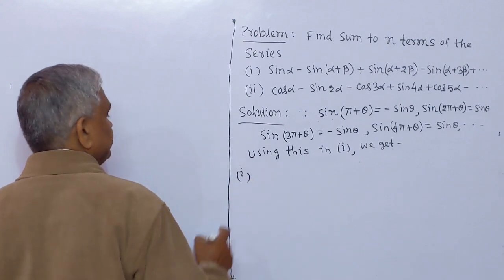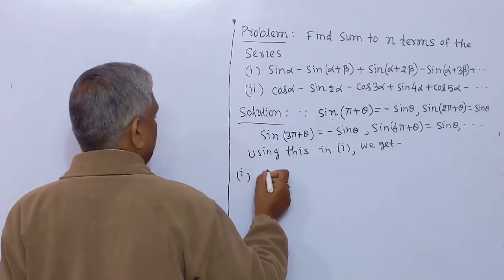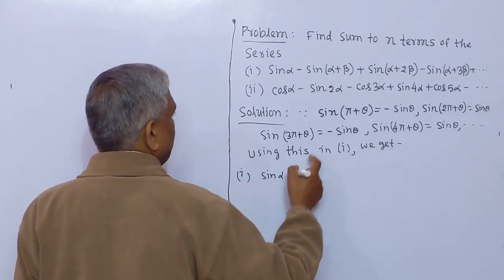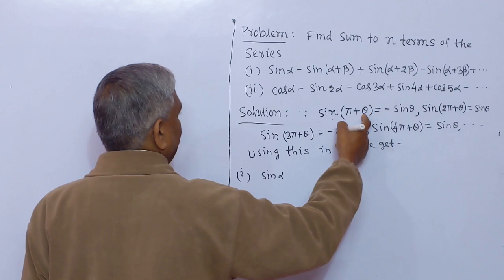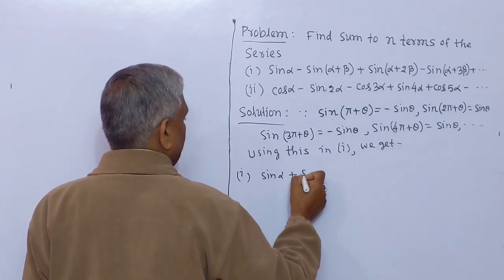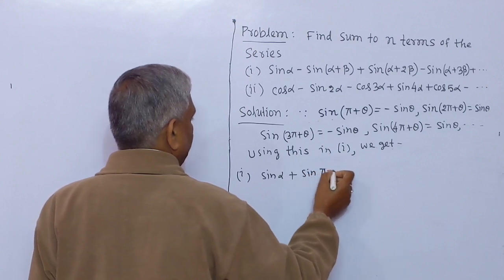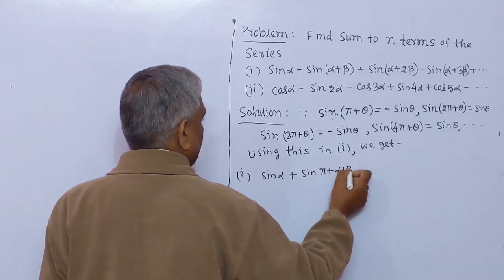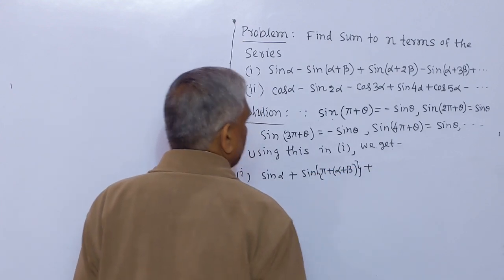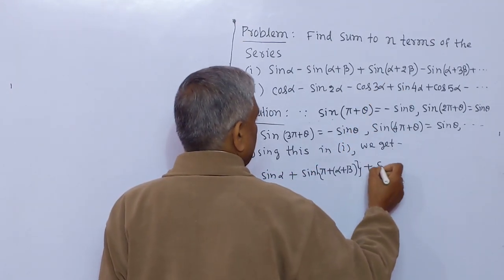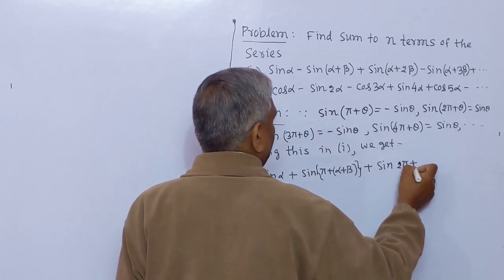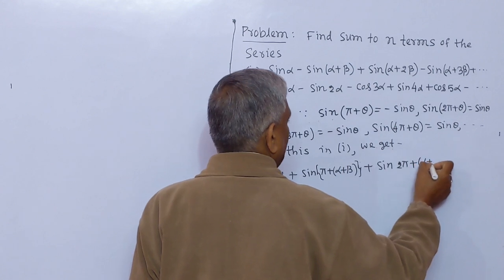number 1. This is sine alpha, and value of this may be written as sine pi plus alpha plus beta plus sine 2 pi plus alpha plus 2 beta.